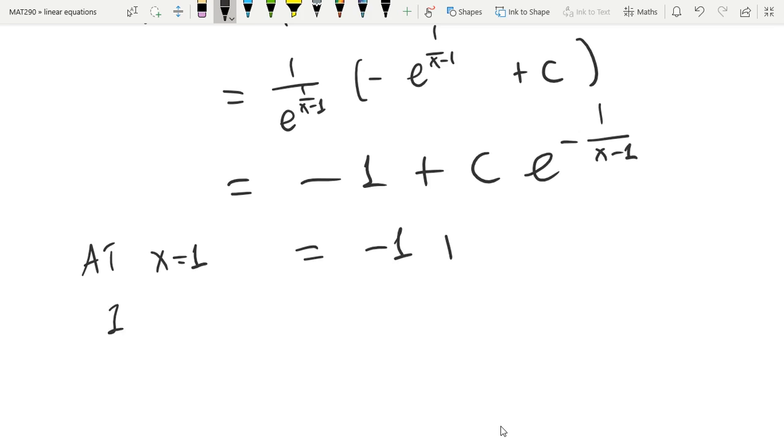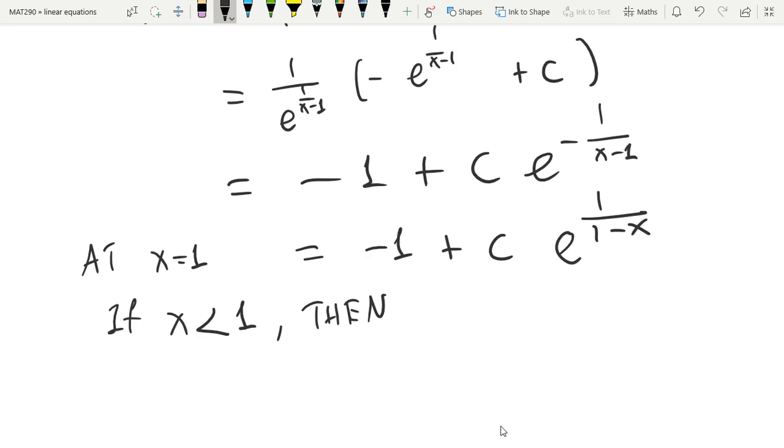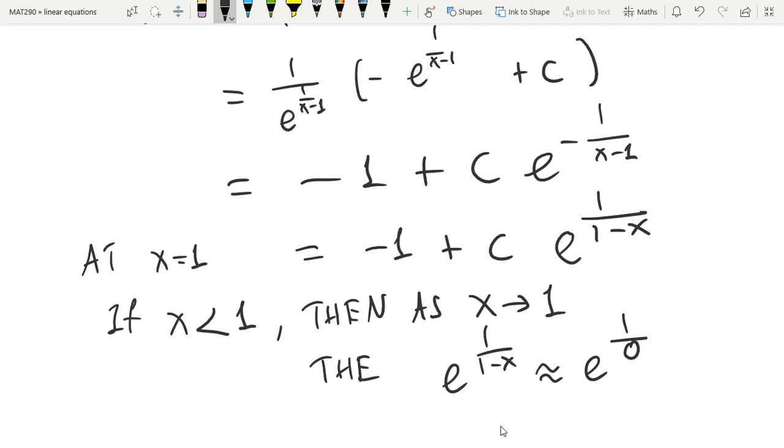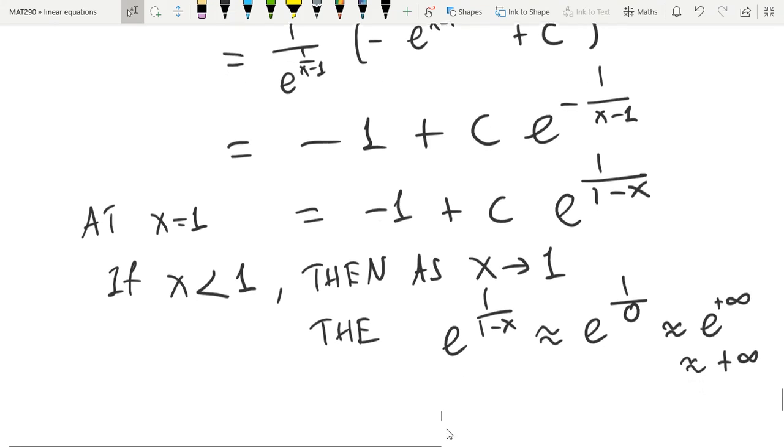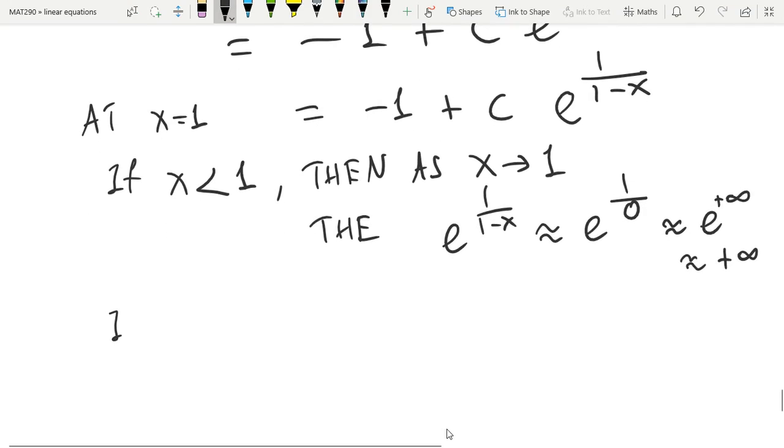Let me write it one more time. 1 minus x. If x is less than 1, then as x goes to 1, the 1 minus x becomes 0. So we get infinity. And I will graph this in MATLAB as well.